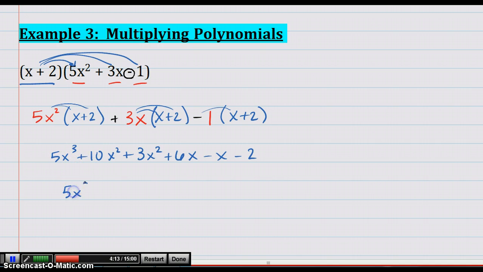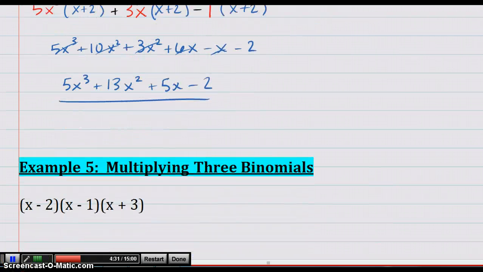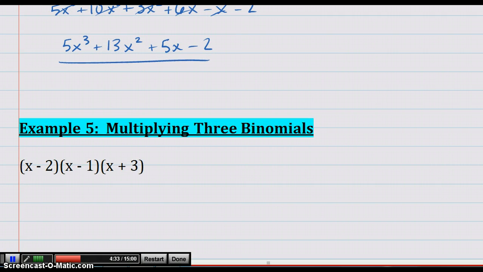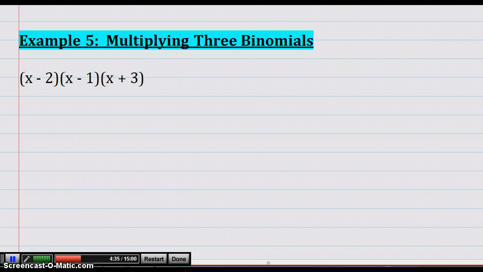We have 5x cubed, add your squares, so 10 plus the 3 gives us 13x squared. Then we have 6 minus 1 will give us 5x, and minus 2. And you are done.